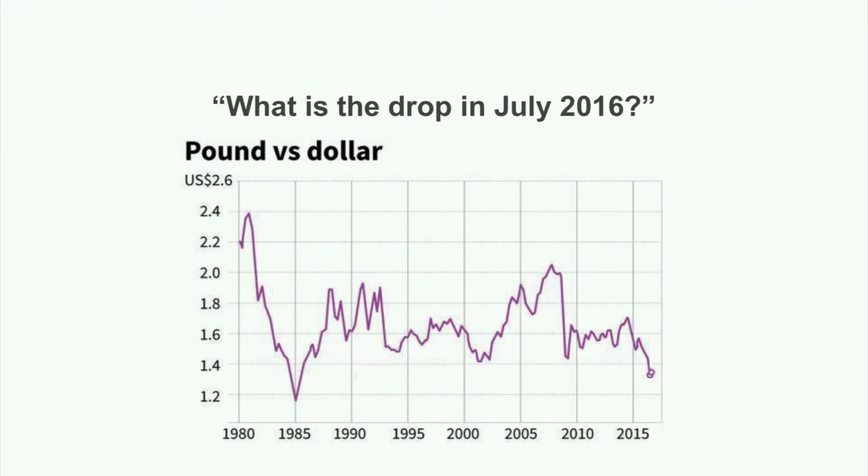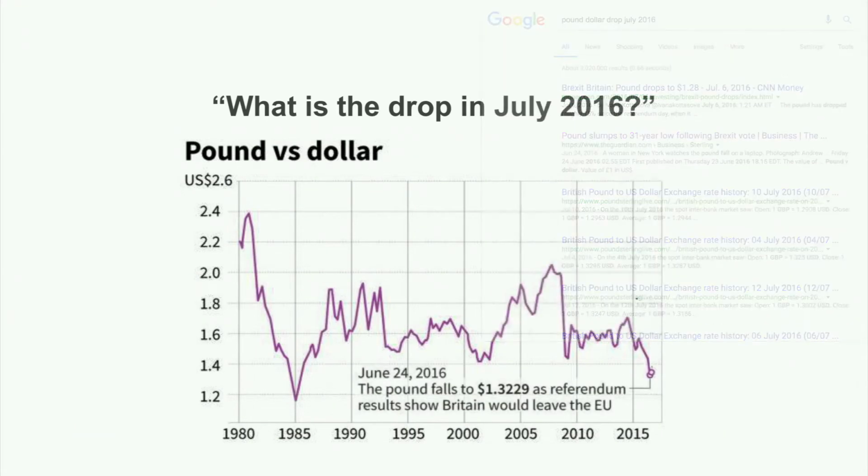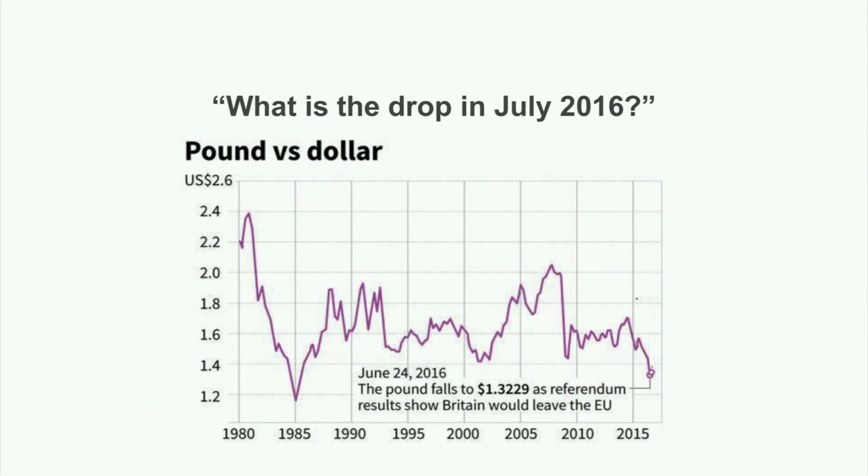What is the drop in July 2016 when I'm looking at pound to dollar exchange rates? So then the system can perhaps go out to the web, pull that information out, try to come up with some pithy summary as to what that drop might be, and return an annotation indicating it was Brexit.